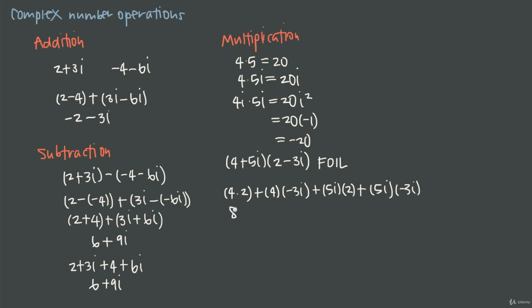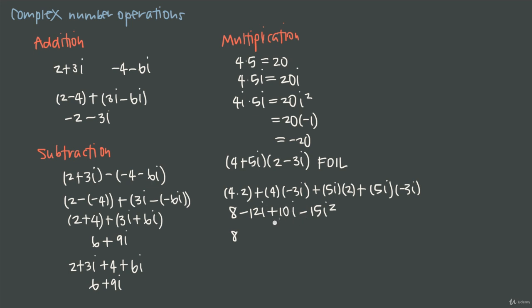4 times 2 is 8. 4 times a negative 3i, we saw up here when we multiply, is a negative 12i. 5i times 2 is 10i. And 5i times negative 3i is a minus 15i squared. So we'll get 8. We have these like terms here of negative 12i and positive 10i, so we have addition here of imaginary numbers.